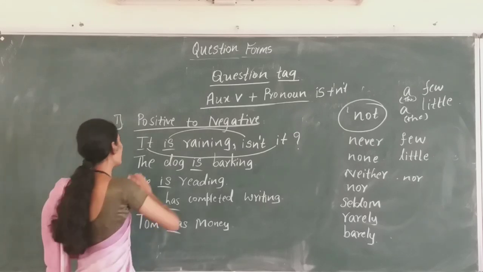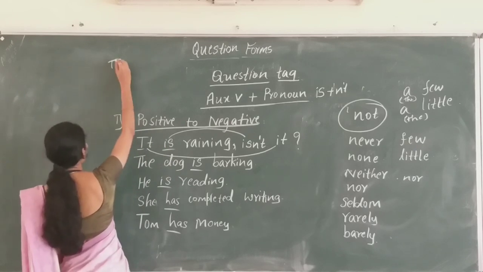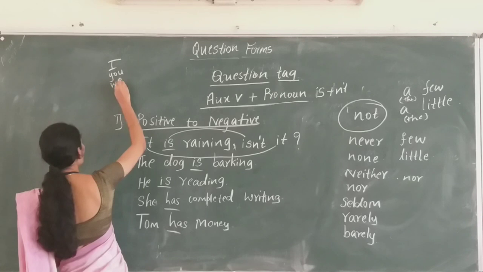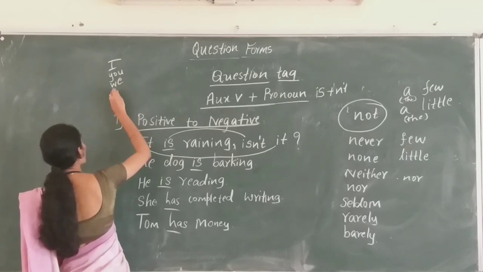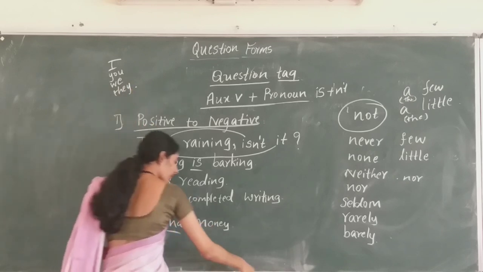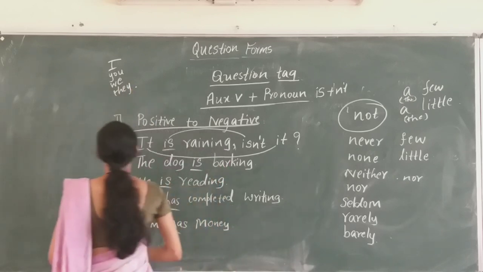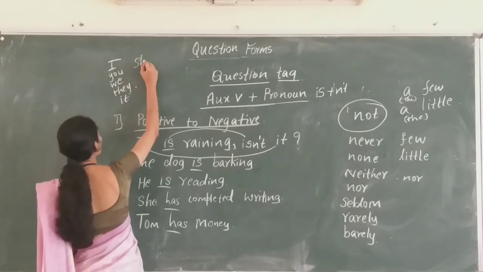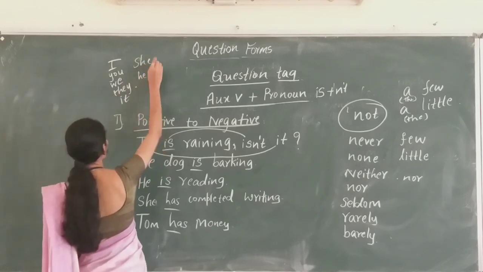What are pronouns? Personal pronouns: I, you, we, they, it, she, he.